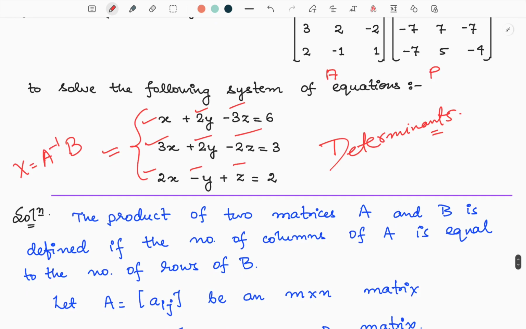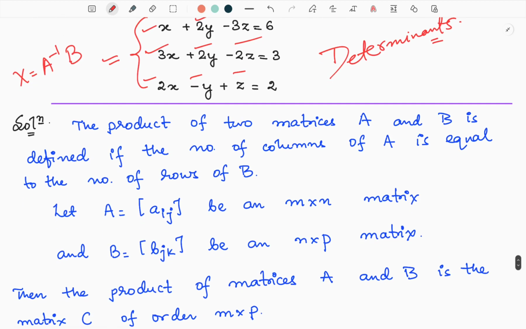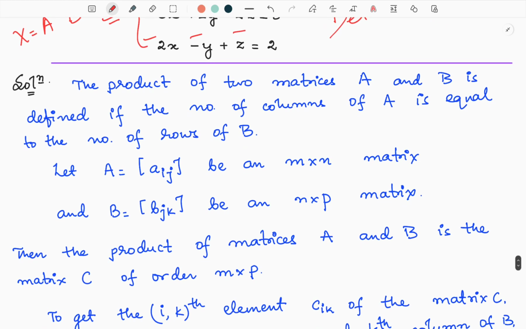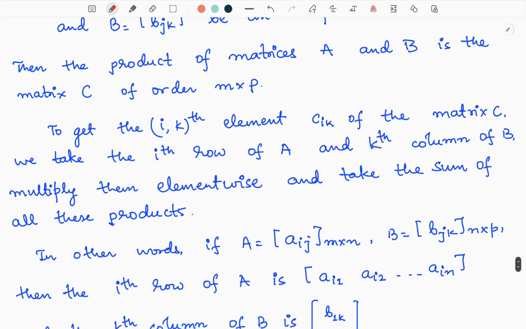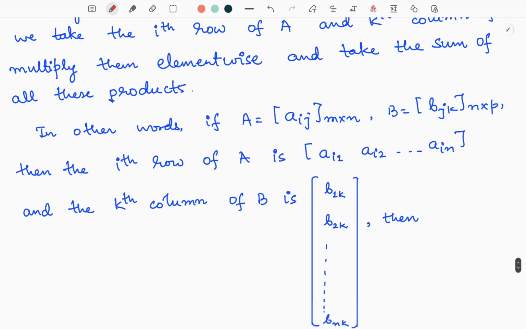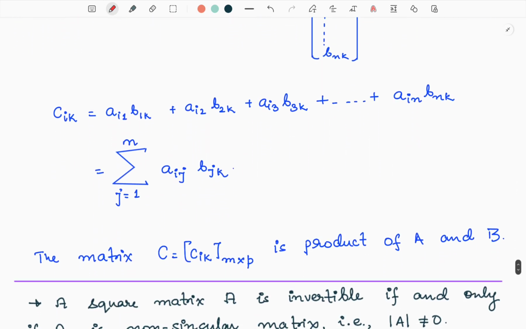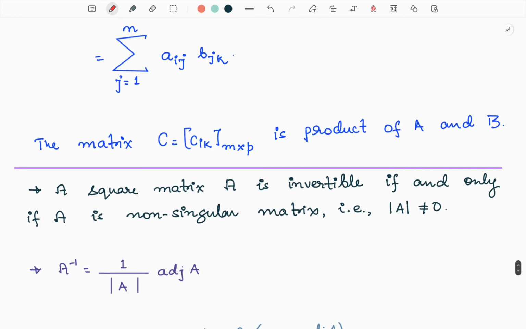To solve this question, there are some basic concepts you should know, such as how we should multiply two matrices. So here I've already written it. If you don't know, you should read this and try to first understand it, then only you can solve this question. So first I have given the theory for multiplication of two matrices. In the second part I have given the definition of inverse.